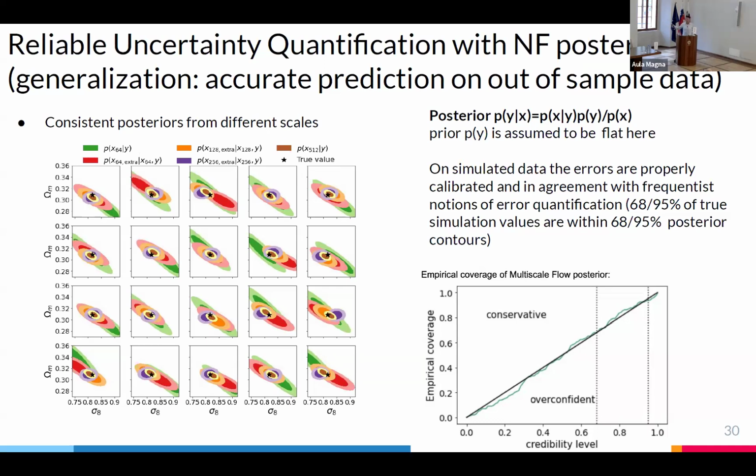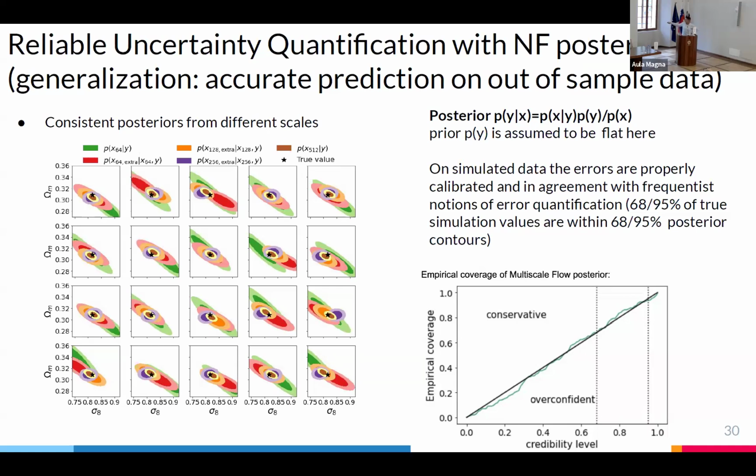So this is typically quantified with this coverage map, where you plot the predicted number of models within your contour versus the actual empirical coverage, how many you have. And so successful models have good empirical coverage by being along this line.